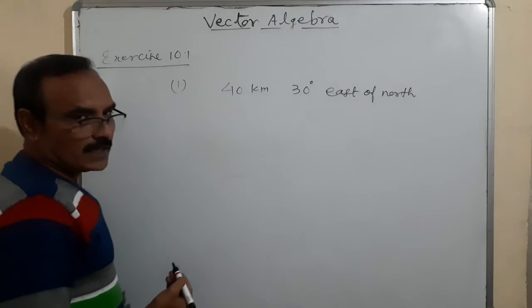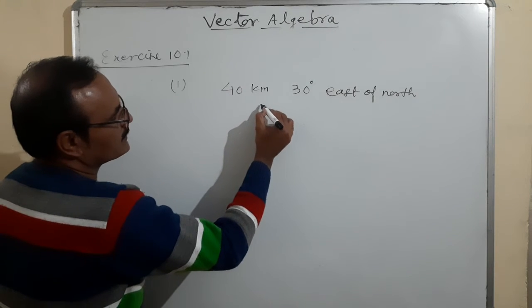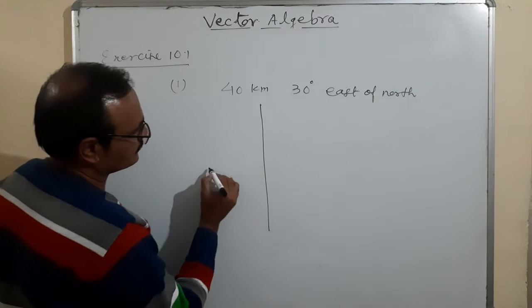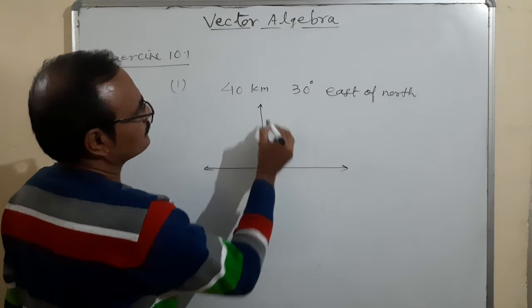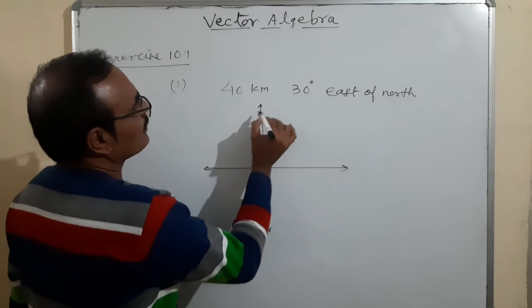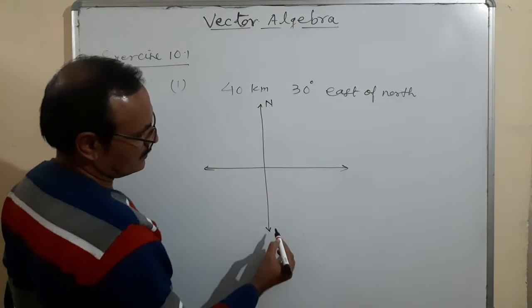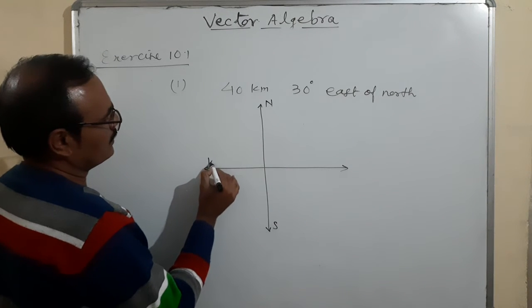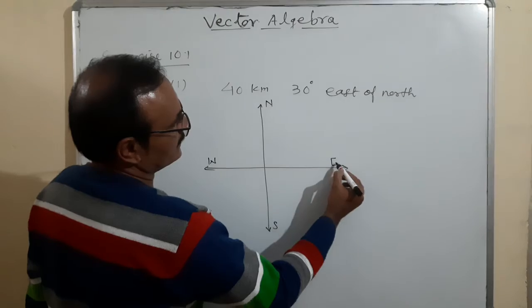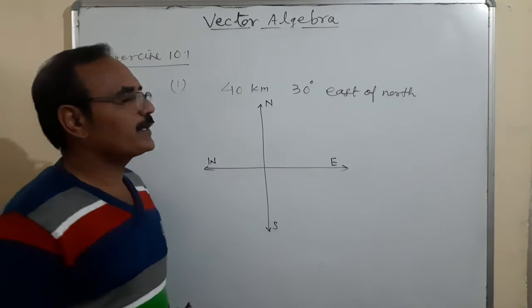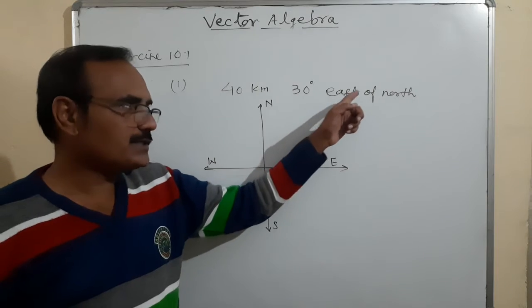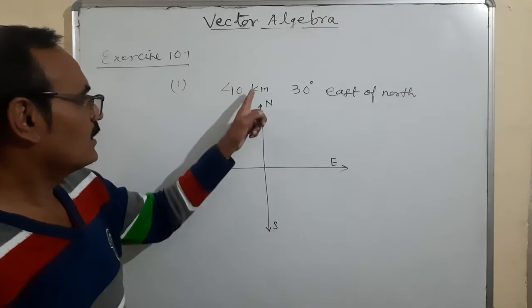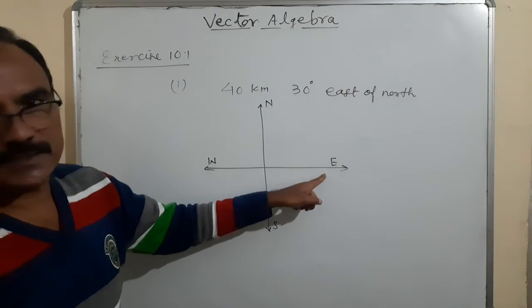I'll start by representing the directions: north, south, west, and east. 40 kilometers, 30 degrees east of north. Where's the north? This is the north and that is east.